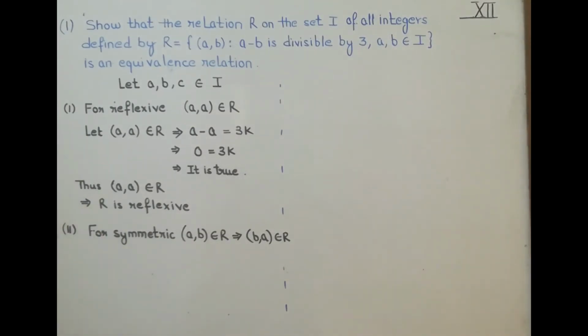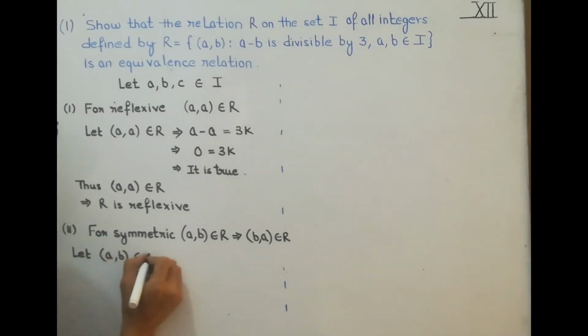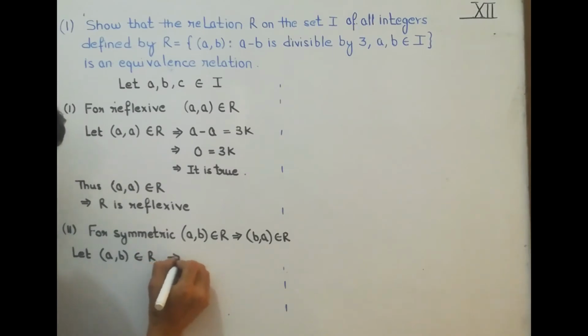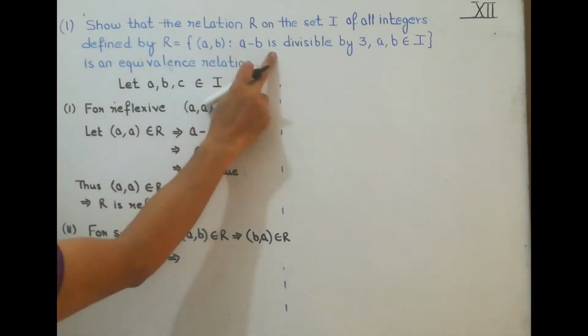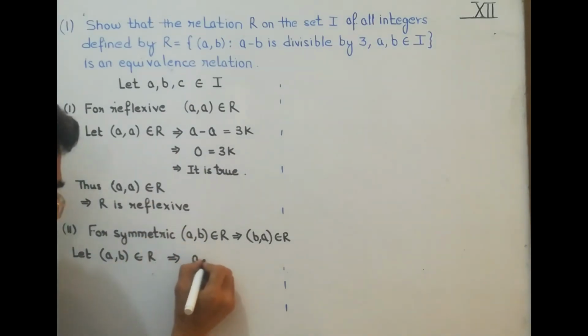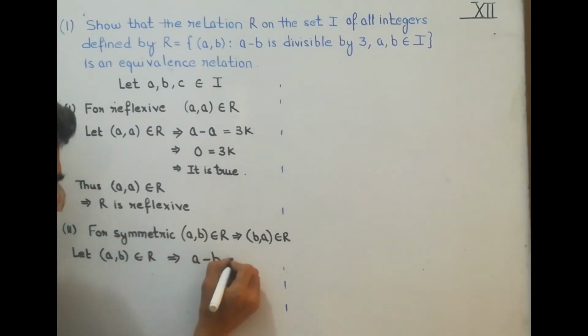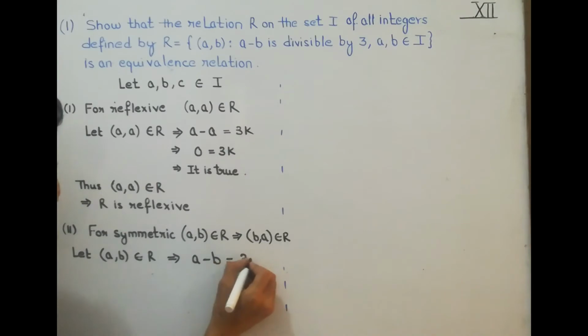So to prove the definition, we will consider that, let (a, b) belong to the relation. So this relation will be a minus b is equal to 3k. You can write it like this.